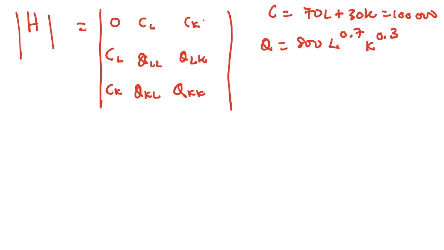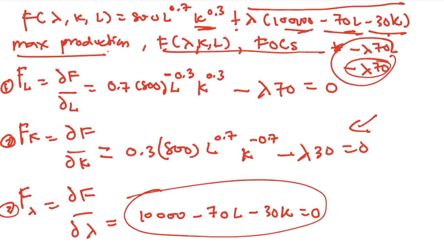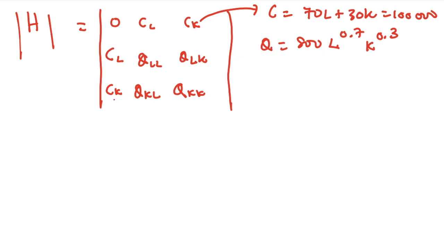You differentiate for the Hessian matrix. The elements here, you differentiate the cost function, not the FOC function. You get me? You also differentiate the production function inside here, not this. So we're just differentiating some portion of the Lagrangian function. That's what I mean. Okay, you see here.